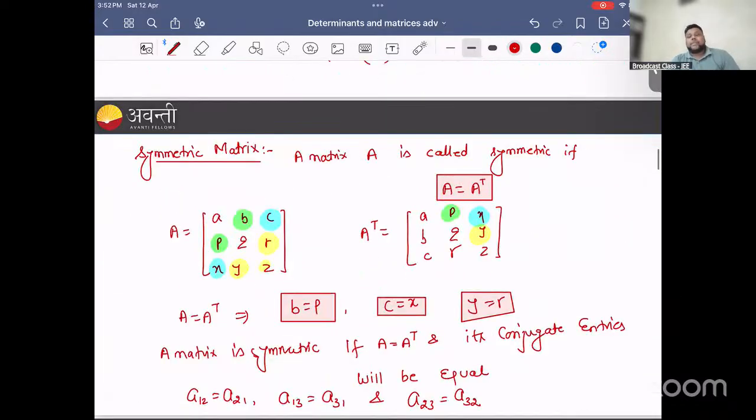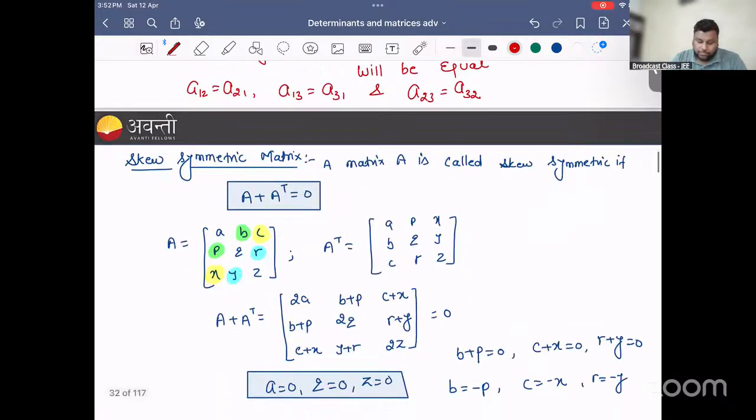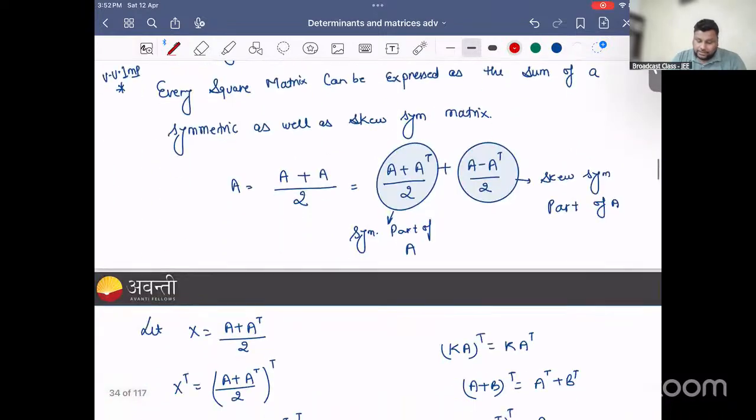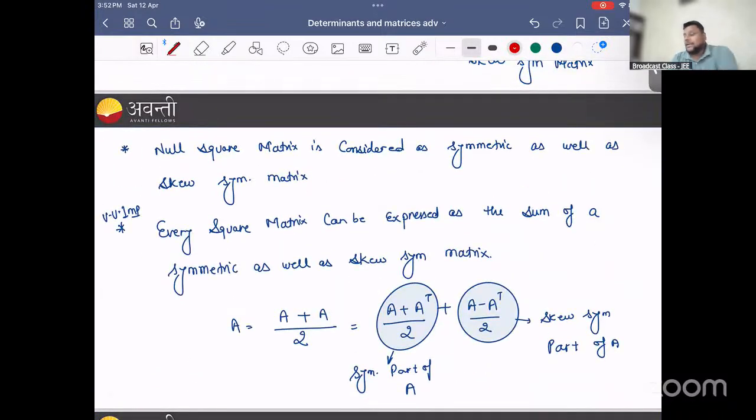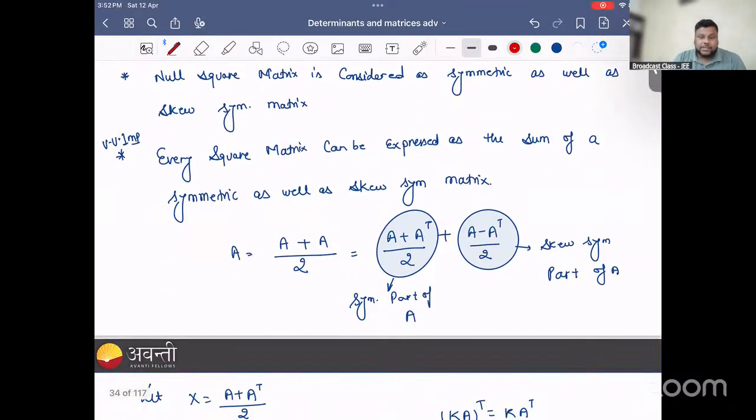In case of a symmetric matrix, the transpose of the matrix is equal to the matrix itself. In case of a skew symmetric matrix, the transpose of the matrix plus the matrix gives 0. Then the null matrix is the only matrix which is considered both symmetric as well as skew symmetric. Every square matrix can be expressed as the sum of a symmetric and a skew symmetric matrix, that is (A plus A transpose) by 2 plus (A minus A transpose) by 2.